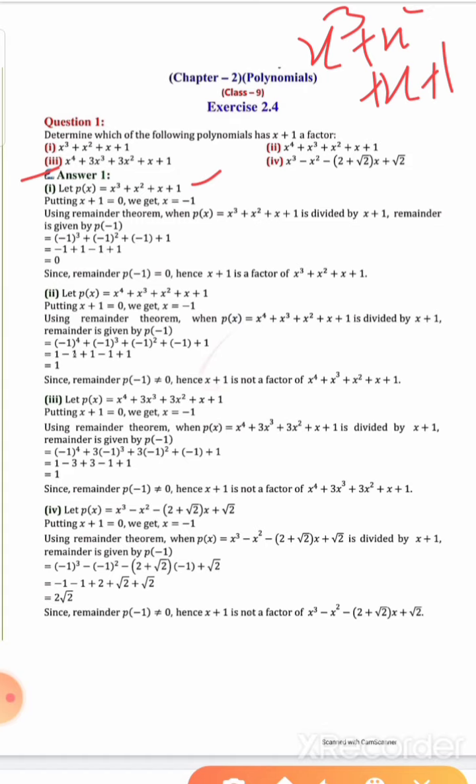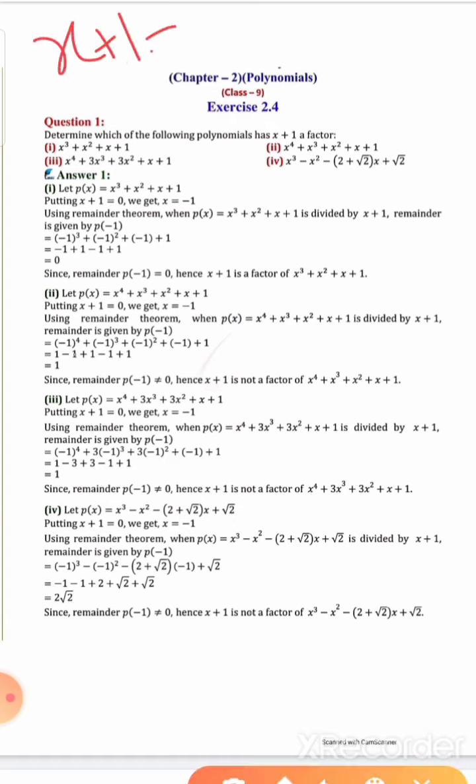For that, first we find the root of the linear polynomial x plus 1. We equate x plus 1 to 0, and we get x equal to minus 1.